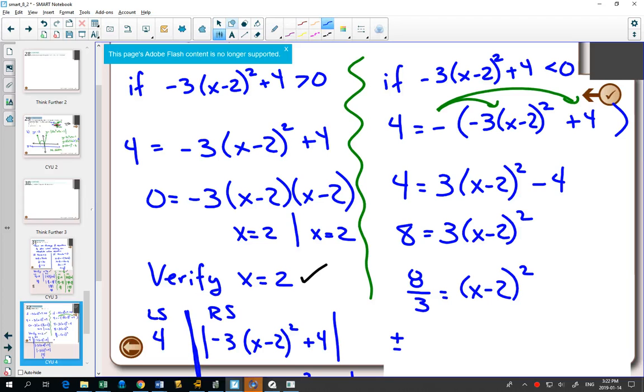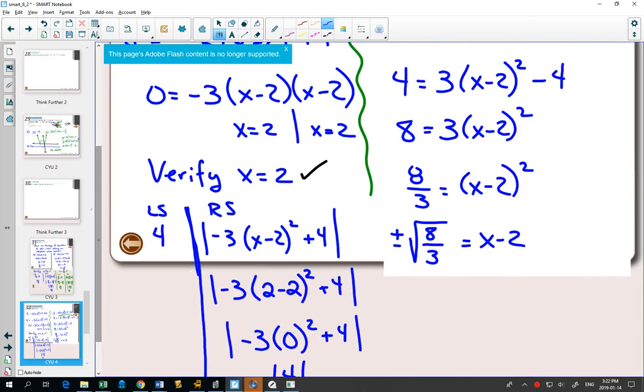What do you have to remember when you square root both sides? Plus or minus. And so to get x by itself, you could add 2 to both sides. 2 plus or minus the square root of 8/3.